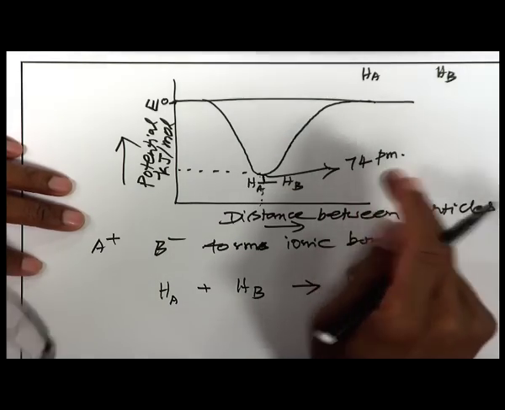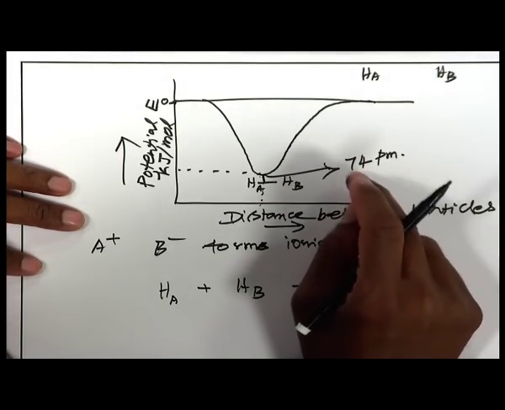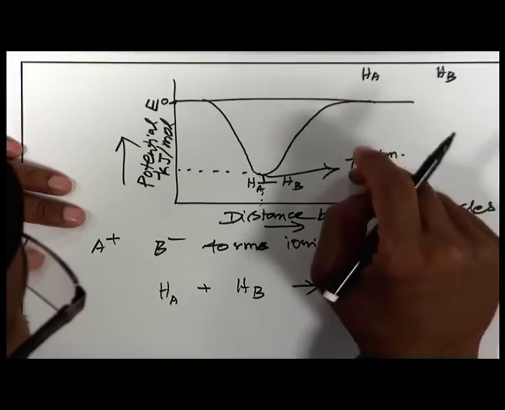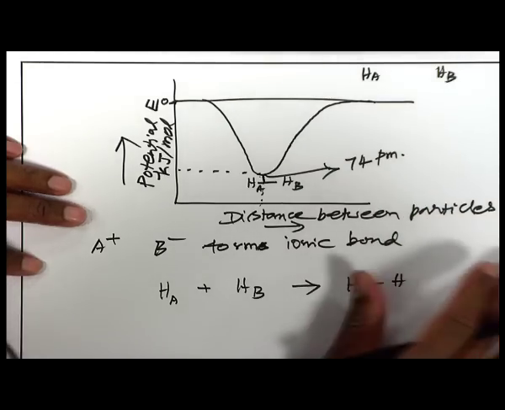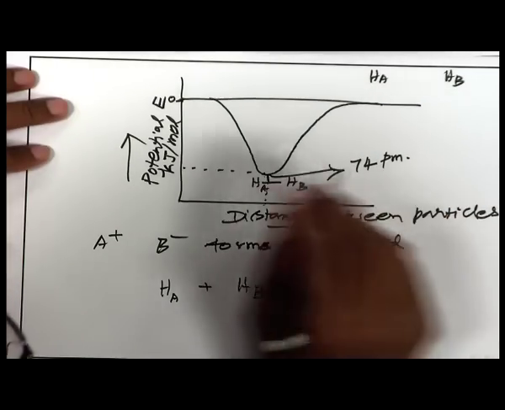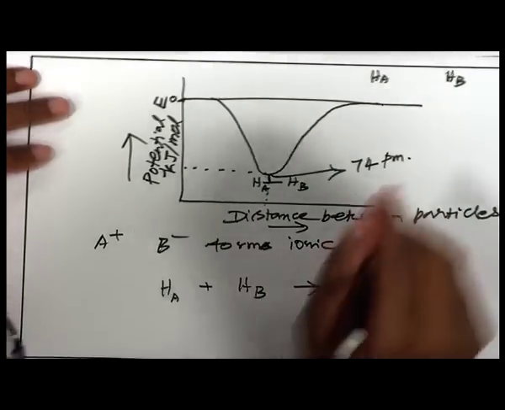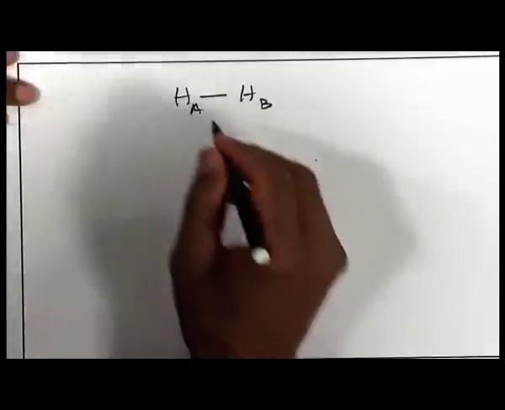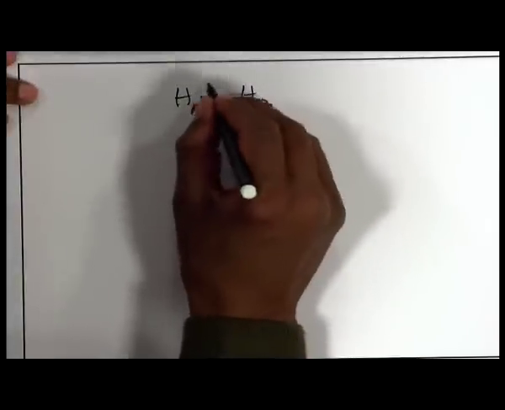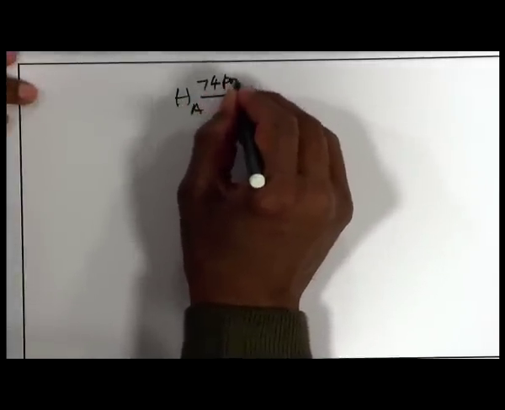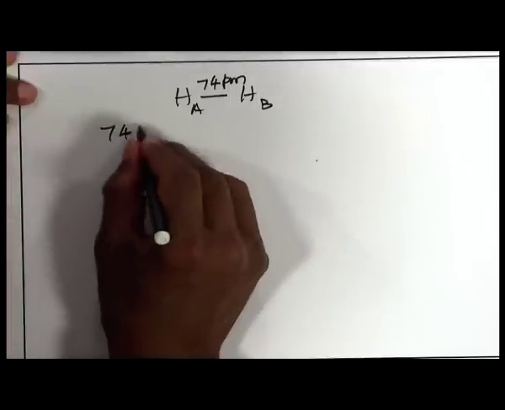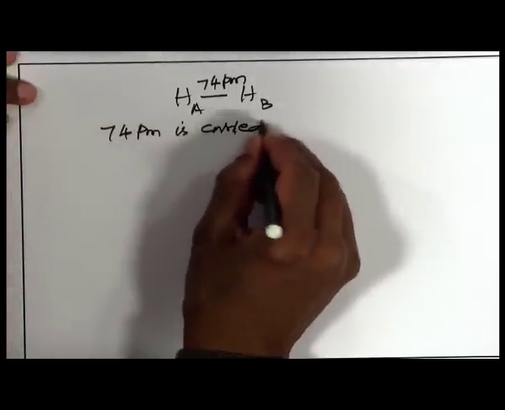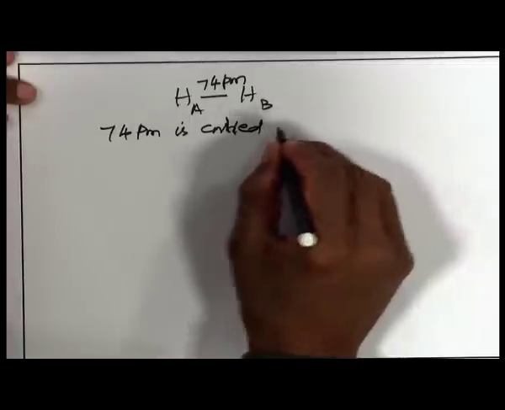So, any distance lower than this, for example 73 picometer, will be at higher energy compared to 74. So, that is the distance between the two hydrogen atoms. That distance refers to the so-called bond length. The distance is 74 picometer. So, 74 picometer is called the bond length.